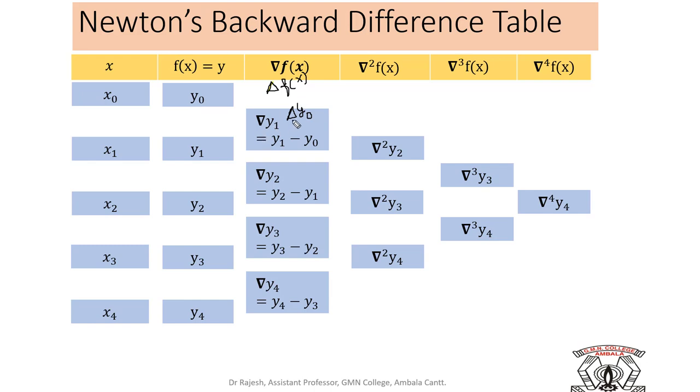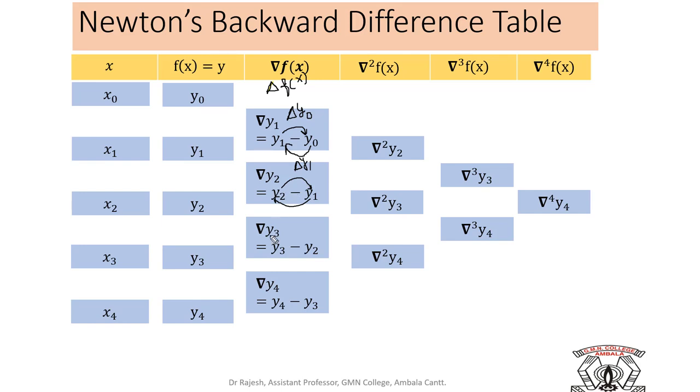But if we write the notation, this is the difference in the backward with respect to 1, in the forward with respect to 0. So we will write forward with respect to 0, backward with respect to 1. This is del. Similarly, backward with respect to 2, forward with respect to 1, so this will be delta forward with respect to y1.